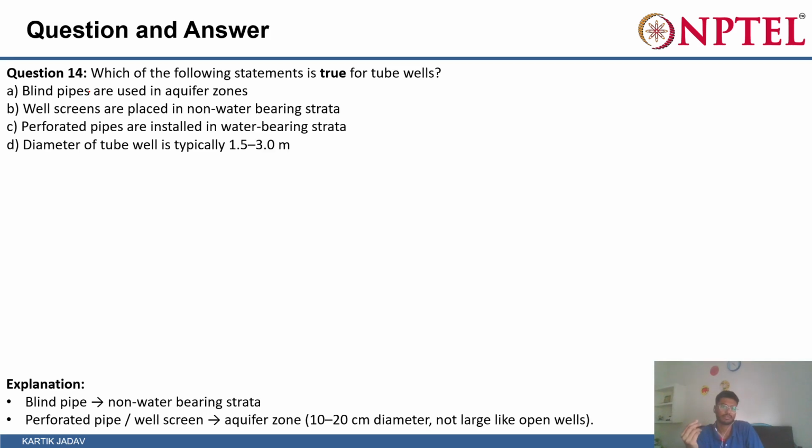Question 14. Which of the following statements is true? In a tube well, generally we know that a lined pipe is there, which is non-water bearing, and a perforated pipe or well screen. Generally it is one area in the aquifer zone from where we are extracting the water, having a diameter of 10 to 12 centimeters and no large open.